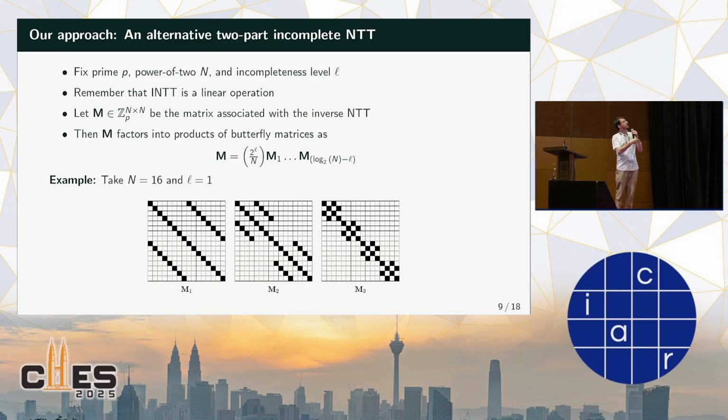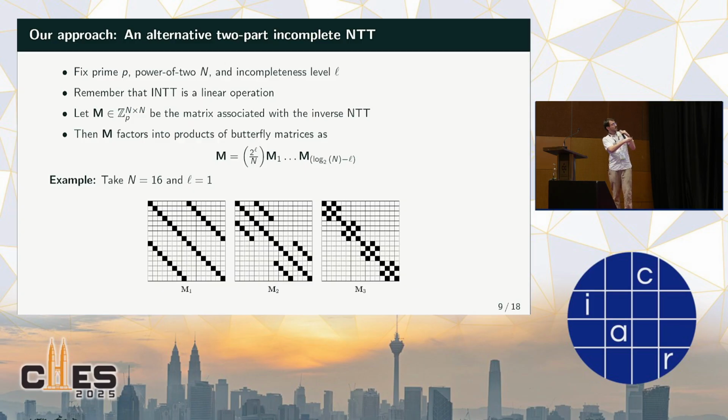To get an incomplete two-part NTT, we take a fixed prime, a power of 2 n, and an incompleteness level that we want to achieve, L. The complete NTT is when L is equal to 0. Remember that the NTT, just like the FFT and the inverse FFT, is a linear operation, so we have a matrix associated with the inverse NTT. This matrix M factors into products of butterfly matrices, which corresponds exactly to the circuit that I showed you before.